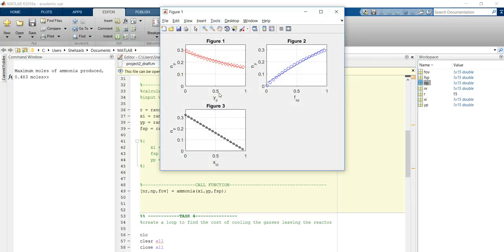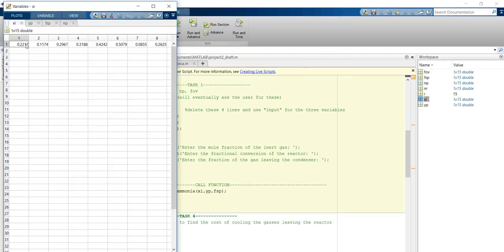We can find a similar situation where the number of moles of ammonia is highest when Xi naught and YP are lowest, and highest when FSP is highest, and at this point the user will produce about 0.483 moles based on their values, which are changing.